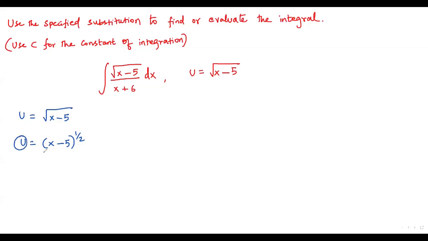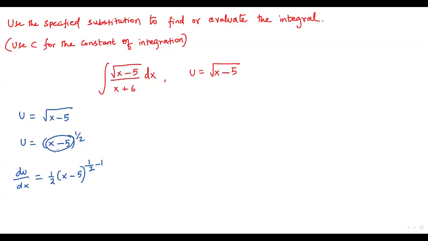When I find the derivative of u with respect to x, I am getting du over dx. When I do the derivative of this, first I have to do the derivative for the exponent using the power rule of derivative. That is, we have to bring this exponent 1/2 in front of the variable part and subtract 1 from the exponent. So far I have completed the derivative only for this exponent 1/2 using the power rule. By the chain rule, I have to do a further derivative of this base x minus 5.